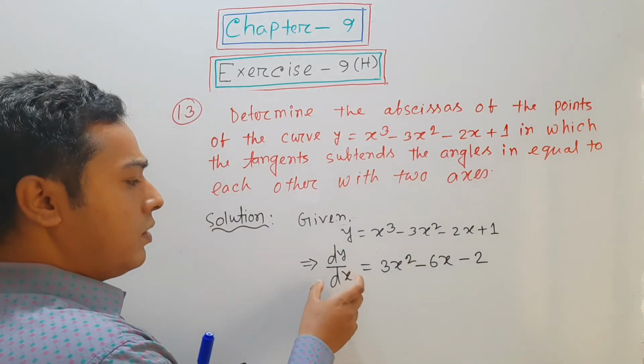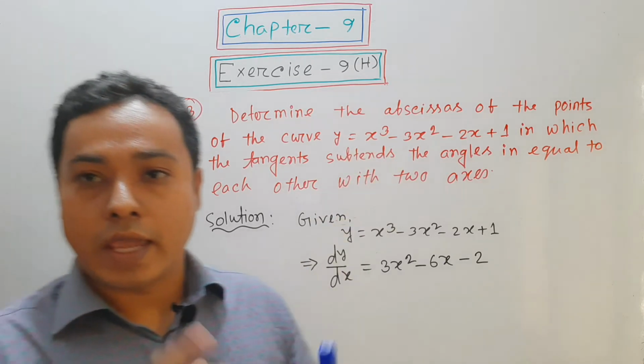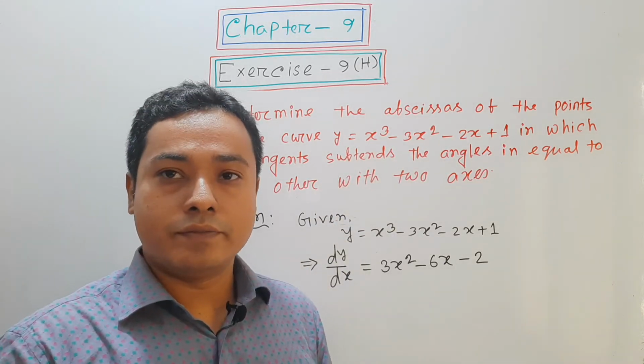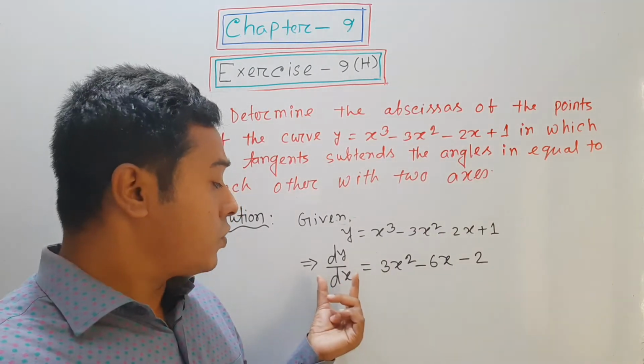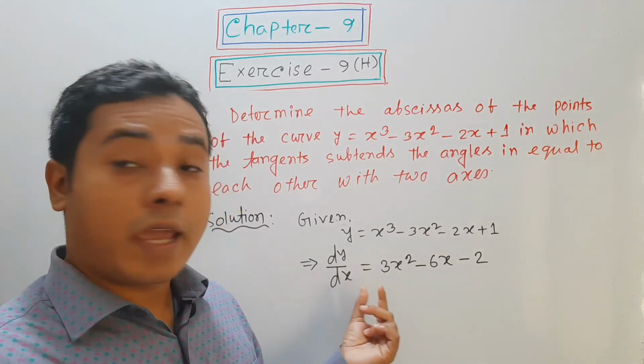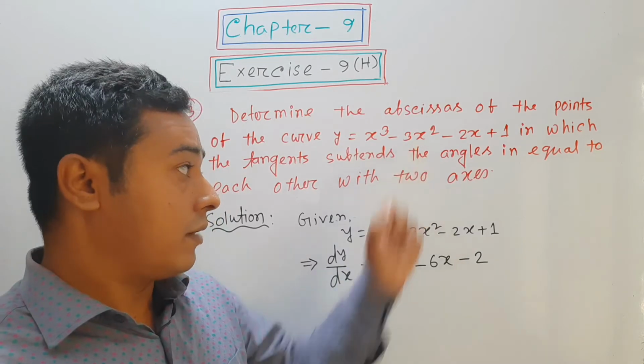This is the slope of the tangent at (x, y) of this curve.